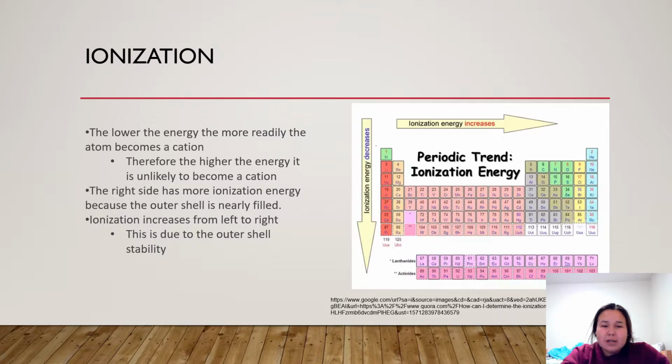The right side has more ionization energy because the outer shell is nearly filled. Ionization increases from left to right due to the outer shell stability. This also requires energy to remove an electron from its gaseous phase.